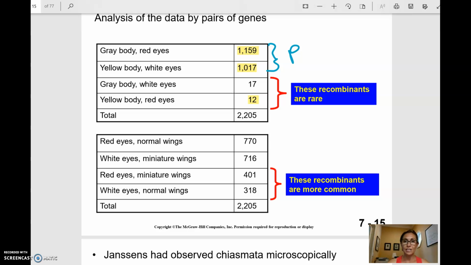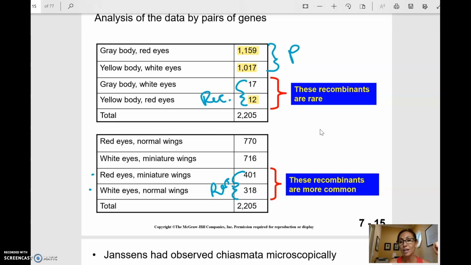The new combinations that you're getting, the rare ones right here, these are all recombinants, okay? Very uncommon. These are also recombinants, but they're a little bit more common. The red eyes, miniature wings, white eyes, normal wings. In other words, you can mix that up more easily.